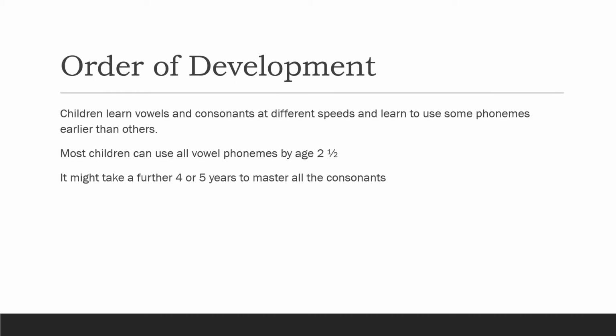You might remember from the frameworks for phonetics and phonology that phoneme sounds are divided into vowel sounds and consonant sounds. Vowel sounds tend to be easier for children to acquire, and they usually acquire the 20 or so vowel phonemes that we have in the English language by the time they're about 2.5.